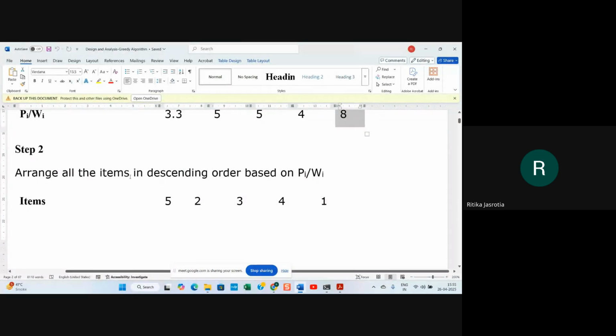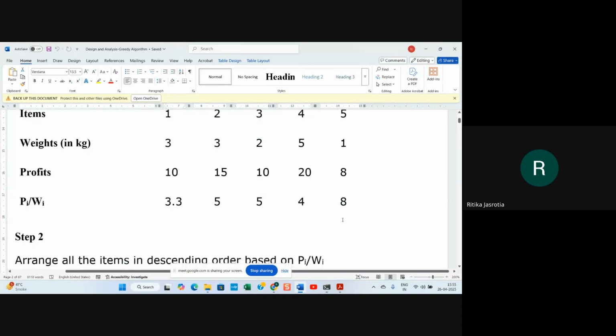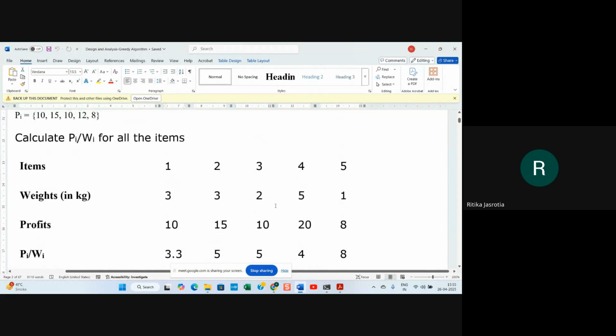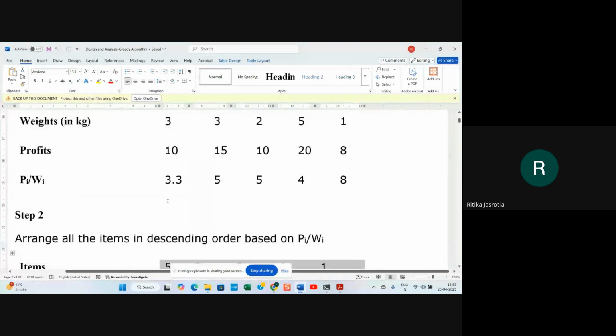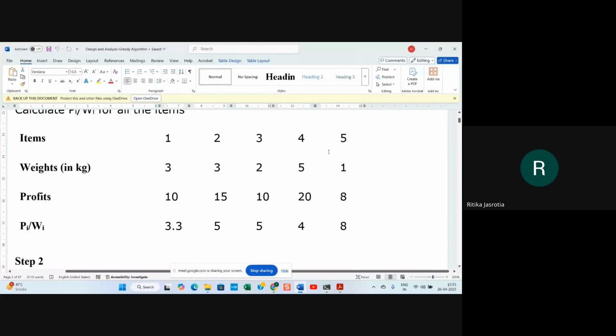Now arrange all the items in decreasing order of Pi divided by Wi. So item 5 has the highest Pi by Wi, then item 2, then 3, then 4, and then 1.